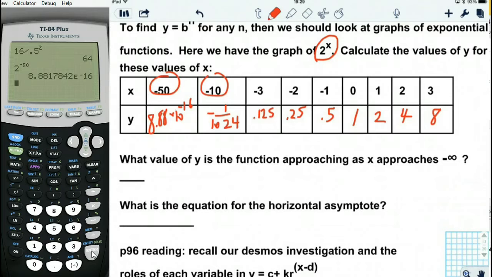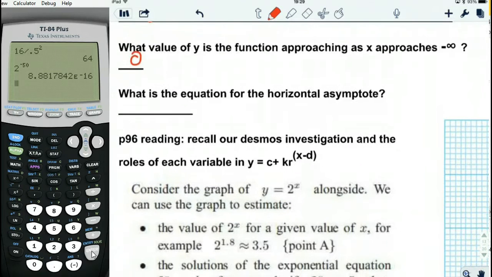So y is obviously getting very, very close to 0. So let's say it's 0. What is the equation of the horizontal asymptote? Well, if y is approaching 0 as x approaches negative infinity, then the horizontal asymptote would be y equals 0, because that would be the horizontal line that the function is approaching.